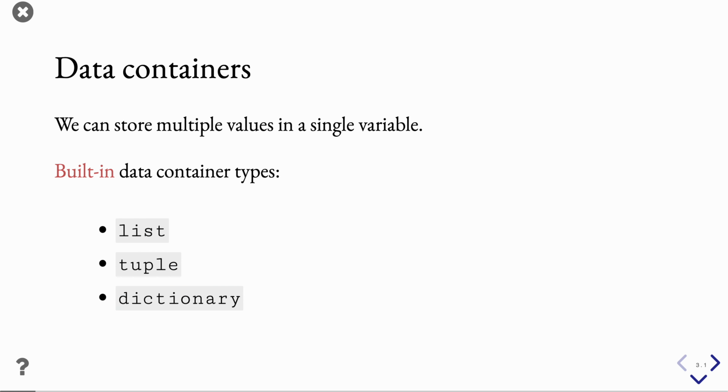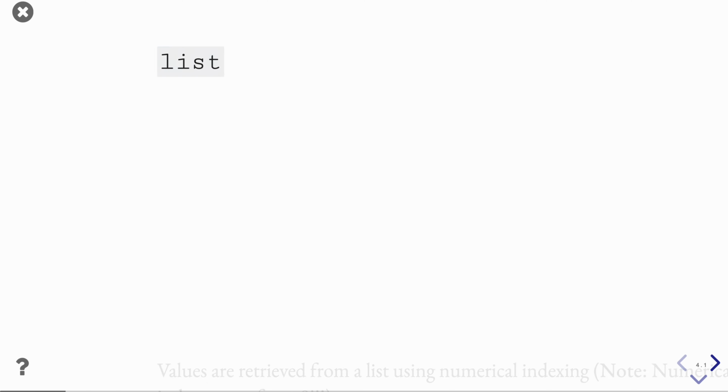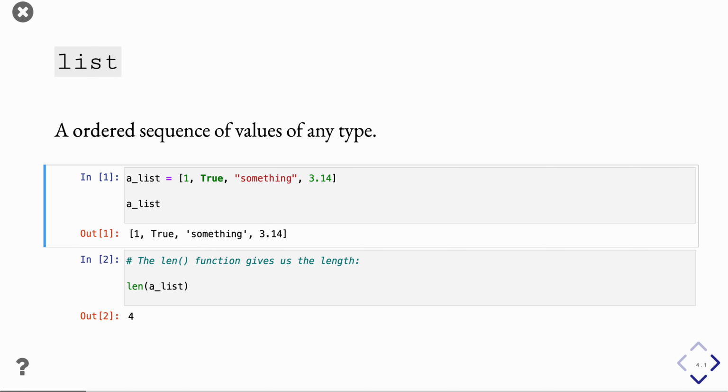So those variable types are what are called data containers, because many times you do not want to keep single numbers as separate variables, but you have lots of data that you want to keep all together. I don't know, numbers out of questionnaires or recordings or whatever. And the most basic way in which we can keep together many numbers is lists, and that's where we will start from.